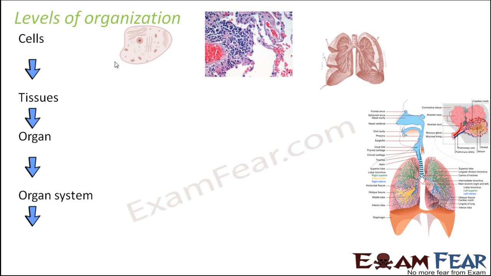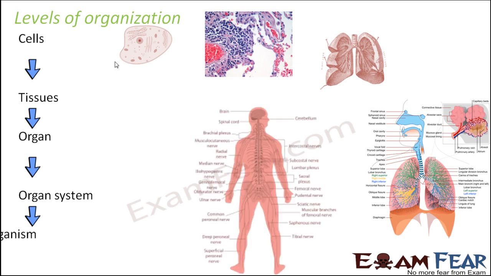For example, in this picture you can see that the lung tissues form the lung, and then the lungs, the trachea, the bronchioles, mouth, pharynx, all these organs together form your respiratory system. Correct? And many such systems, like the respiratory system, digestive system, circulatory system, excretory system, all together form the organism.